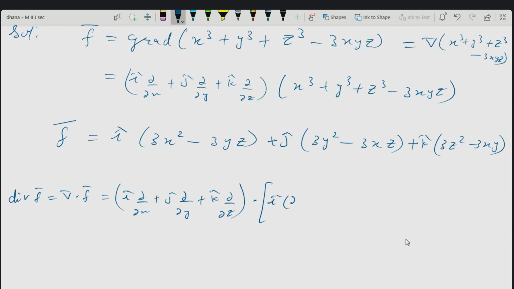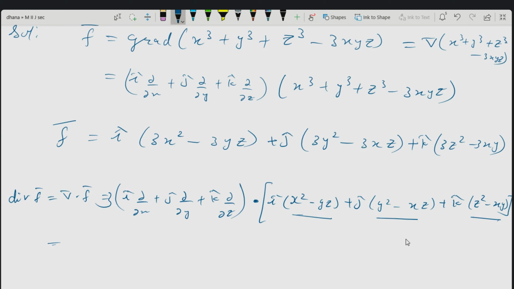So I'll get i cap (x square minus yz) plus j cap (y square minus xz) plus k cap (z square minus xy). Now since you are taking a dot product, only component wise, this is your f1, this is your f2, this is your f3.